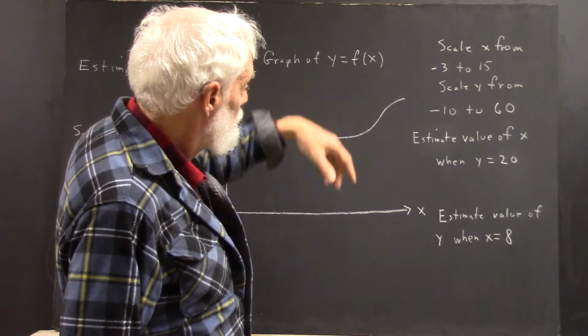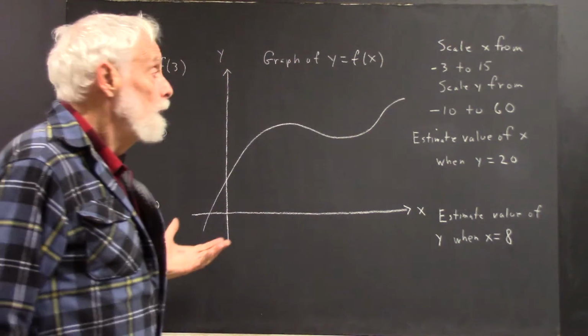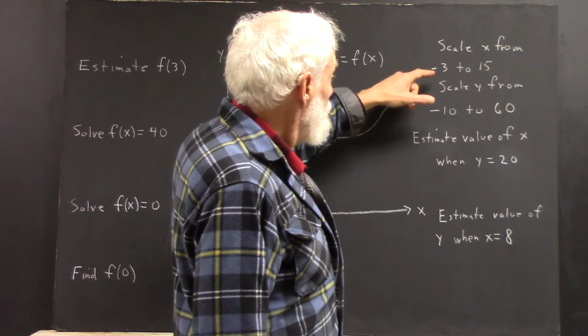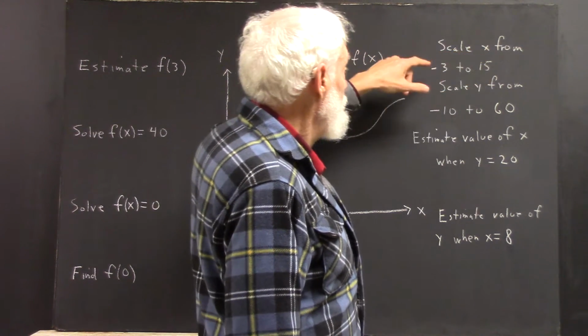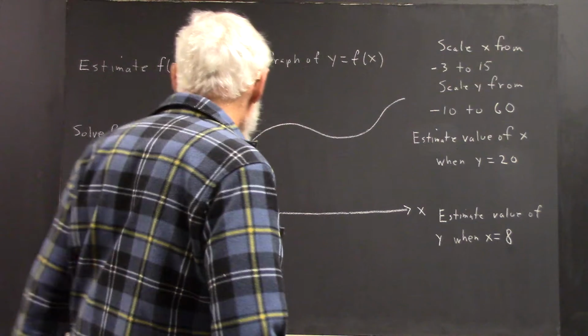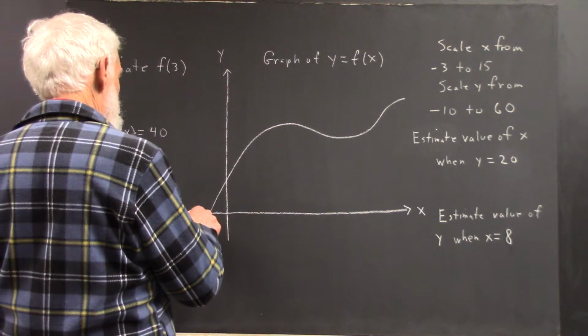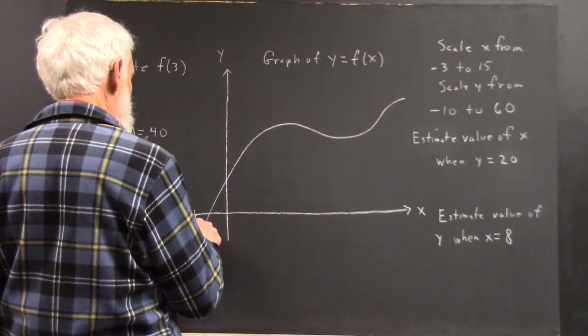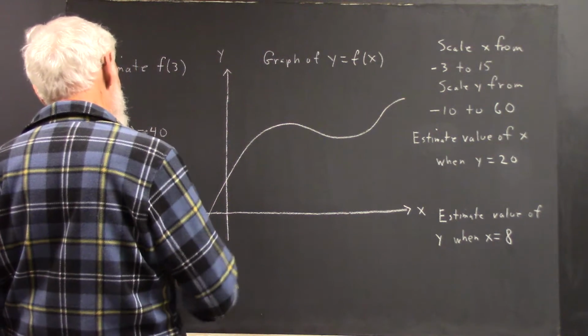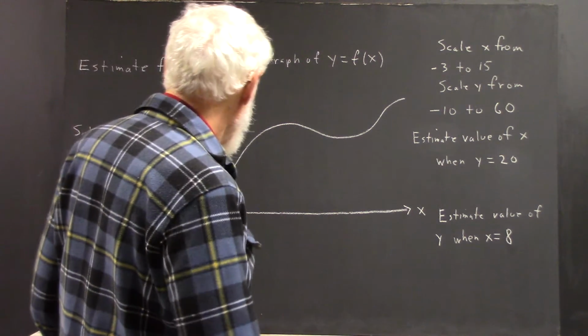Now, first thing we want to do is, this is an unscaled graph. We want to scale this graph so that the x values run from -3 to 15. So we're going to put -3 over here, and let's extend the graph a little bit so we actually get to -3.